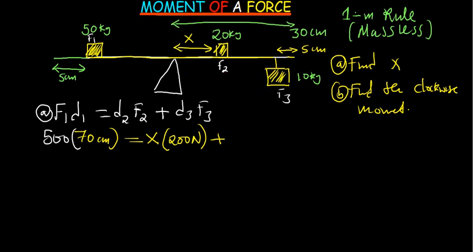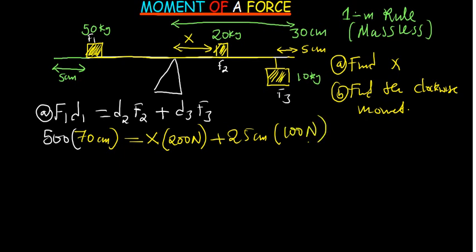So all you do is subtract 30 minus 5, and then you find the distance from here up to the pivot. So that is going to be 25 centimeters multiplied by F3, that is given as 10. So 10 multiplied by 10, because we want to find the weight. Weight is mass times gravity. The mass is 10 kg, gravity is 10, so that is going to be 100 newtons.